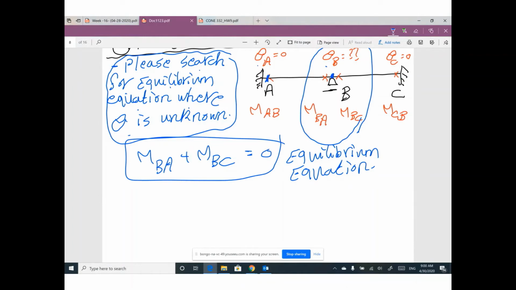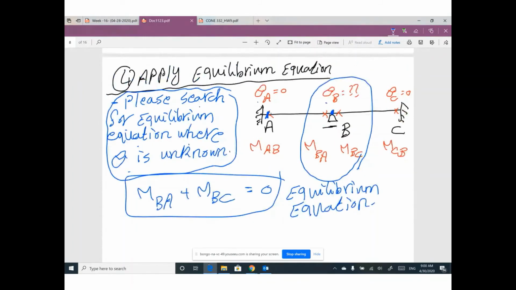And it doesn't make any sense to say MAB equals 0 because we don't have anything on the other side. At C, we don't have anything on the other side. So I'm trying to help you. If you would like to get the equilibrium equation in a very fast way, go directly to the support where theta is unknown, summation moment at this support equals 0 from this side plus this side equals 0.